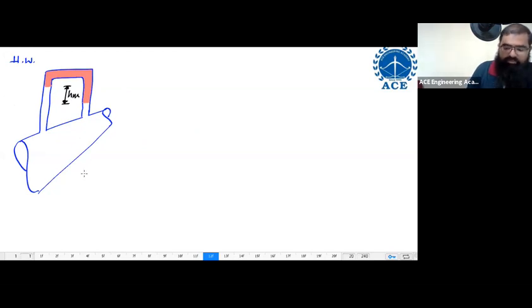This is some 0.1, this is some 0.2. Your aim again is to find out the value of delta H star in terms of HM. You're supposed to find this particular thing out. This is the homework, inverted U-tube manometer.